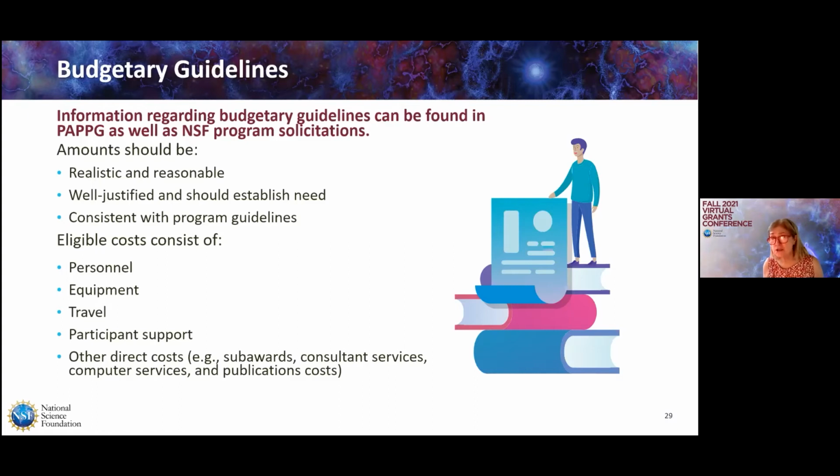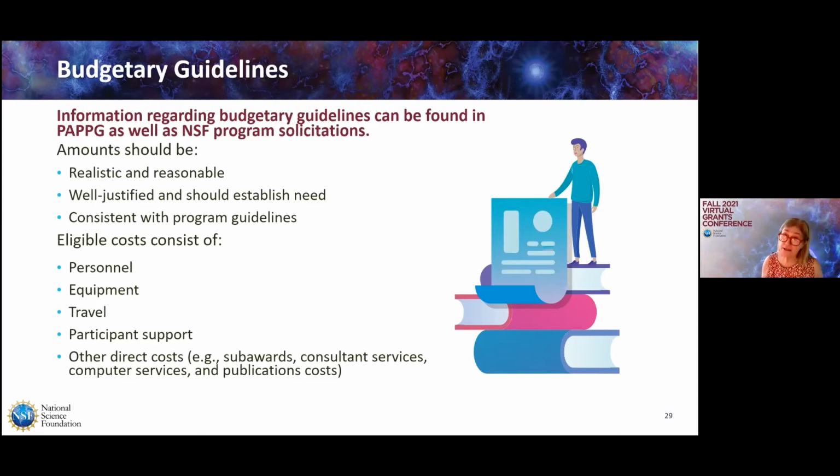Obviously, as I just mentioned, they need to be well justified. Why do you need that? A reviewer may say, yeah, they need that piece of equipment, but that particular one they're asking for, they don't need that. You establishing that need is going to be critical to this process.